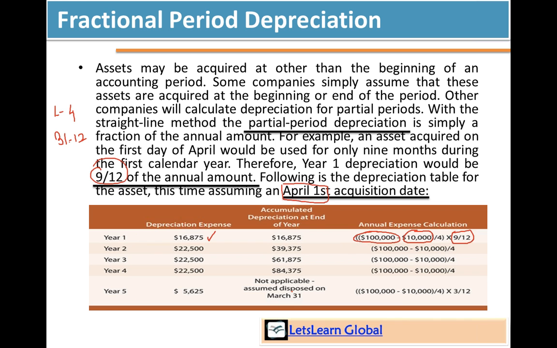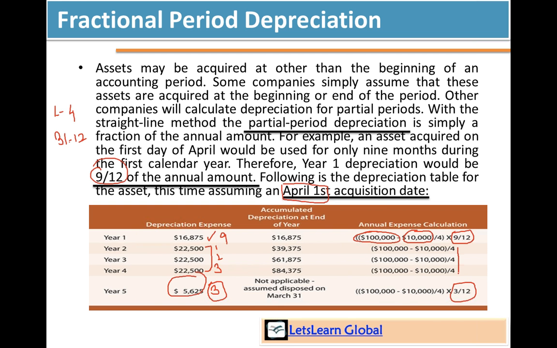And in the fifth year, if the asset is sold, obviously, if the life is 4 years, see, 1 year, 2 years, 3 years. The 4 years here 9 months and here 3 months. So in the fifth year, you are going to calculate depreciation for only 3 months because the total life is 4 years.